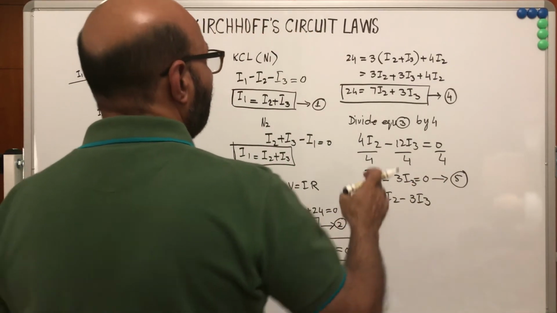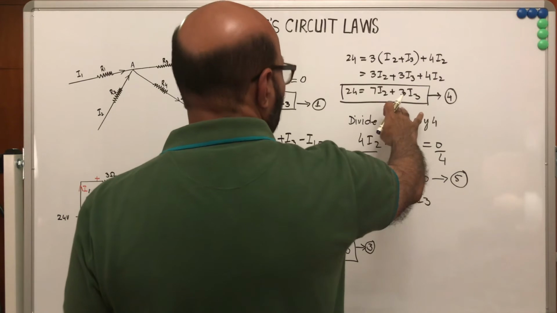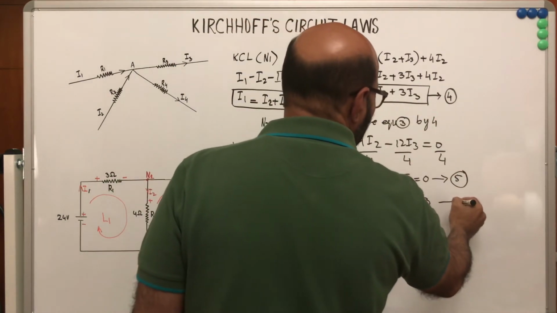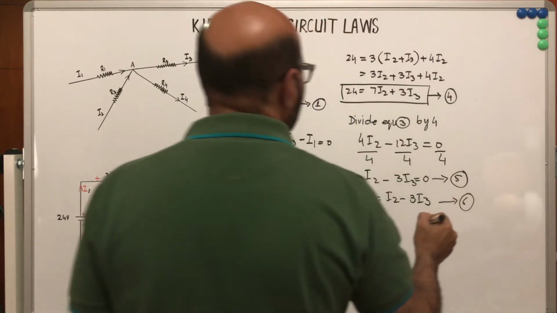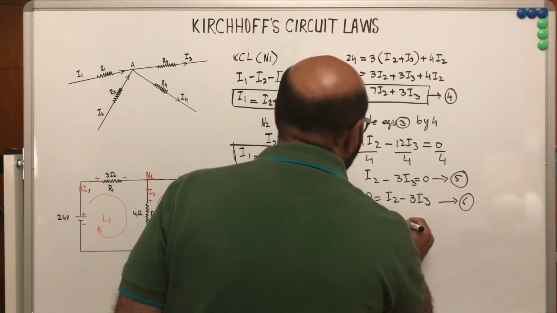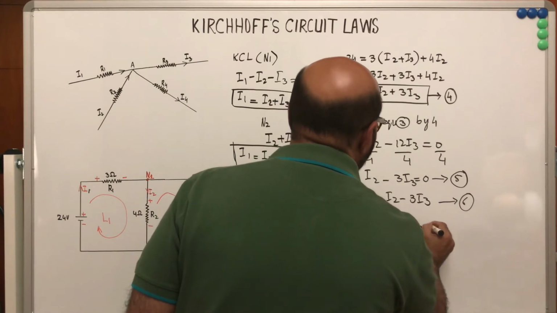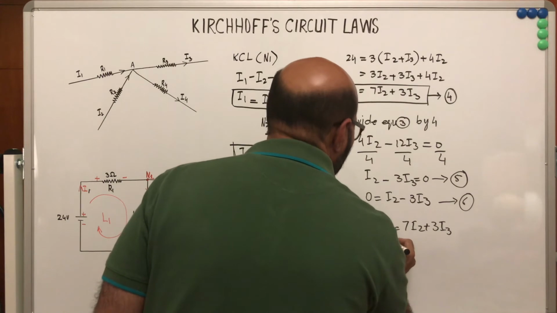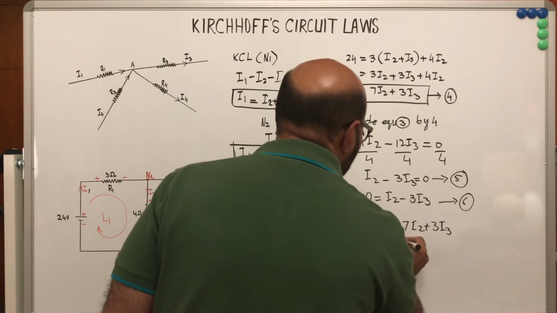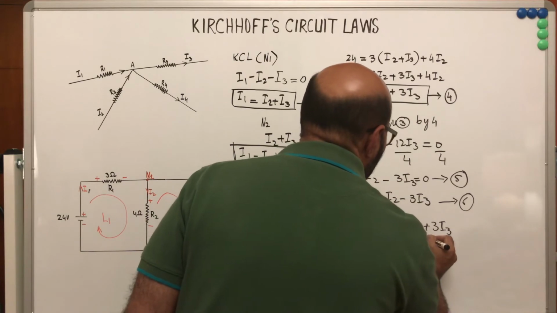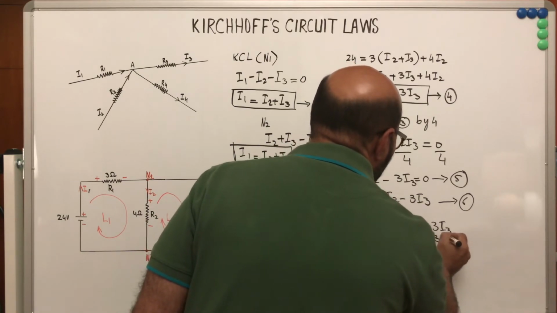And now we can add up 4 and 6. So 24 is equal to 7I2 plus 3I3, and let's add I2 minus 3I3.